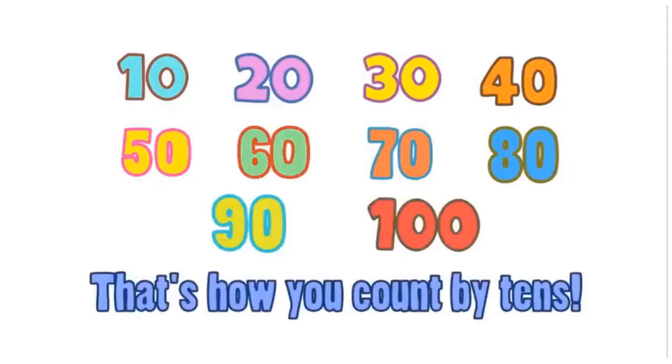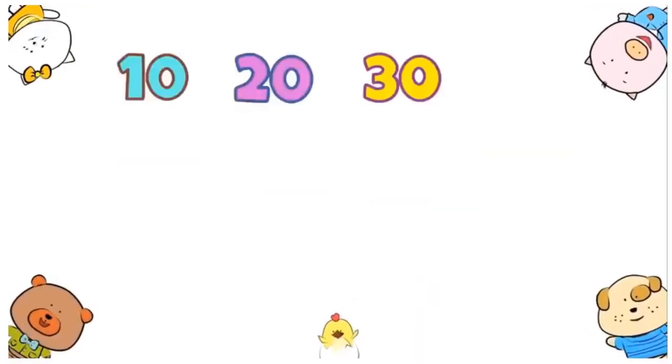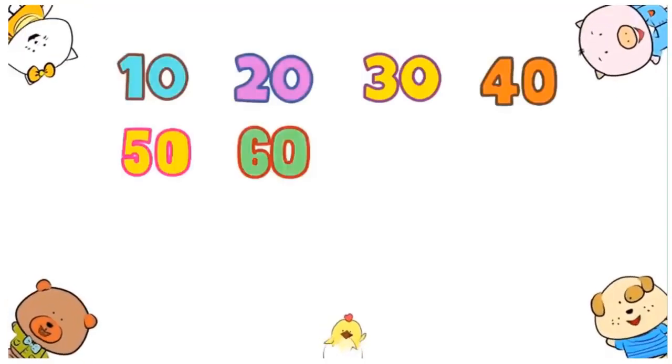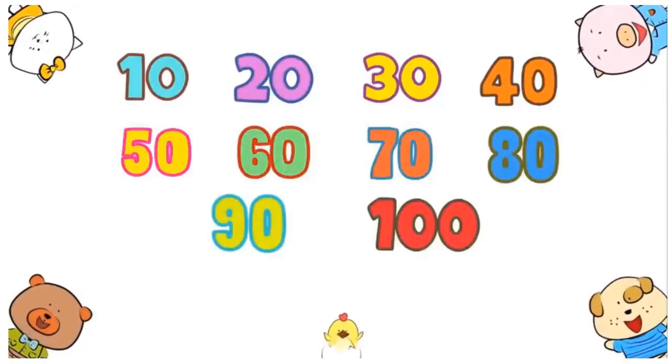That's how you count by tens. 10, 20, 30, 40, 50, 60, 70, 80, 90, 100.